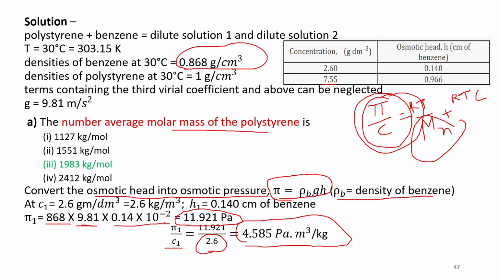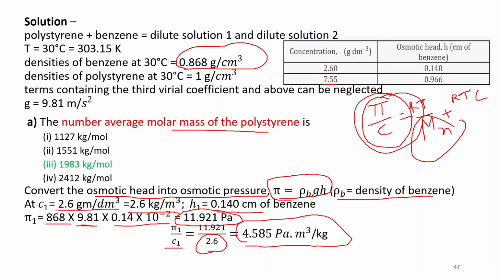We have converted all the units into the kg-meter system. So 2.6 gram per decimeter cube is 2.6 kg per meter cube, right? And 0.14 centimeter is 0.14 into 10 to the power minus 2 meter.